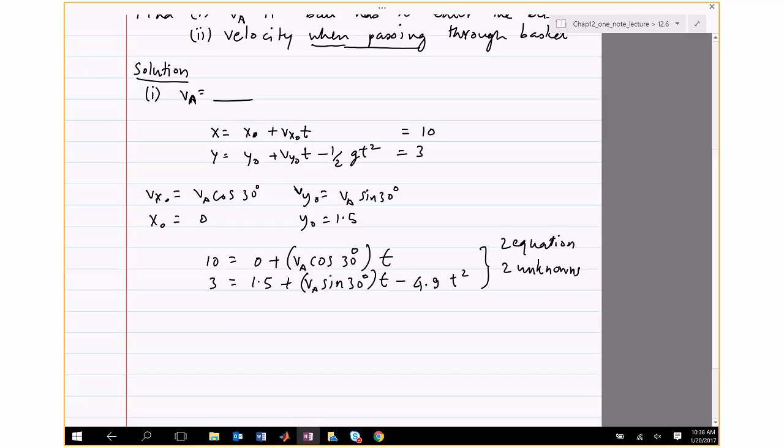What I would do is I would substitute the value of time as a function of velocity from one equation into the other and solve for velocity. So if you solve this, you get time equals 0.9877.